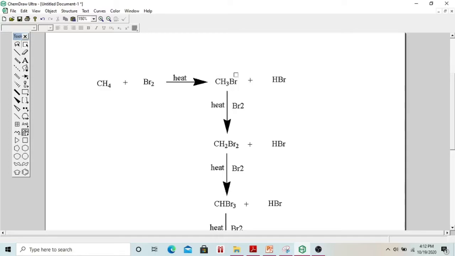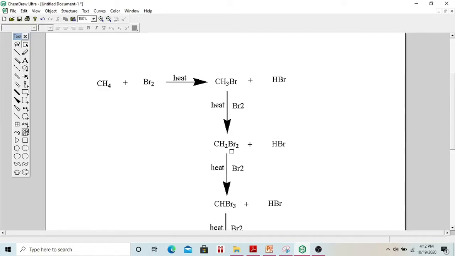If your bromomethane, which is an alkyl halide, will react continually with Br2, that hydrogen there will be substituted with another Br. So that becomes CH2Br2, because that hydrogen will be substituted. So you will lose hydrogen, that becomes CH2, and you will add another Br. So your CH3Br will be added with another Br, and your hydrogen will leave to form another HBr.